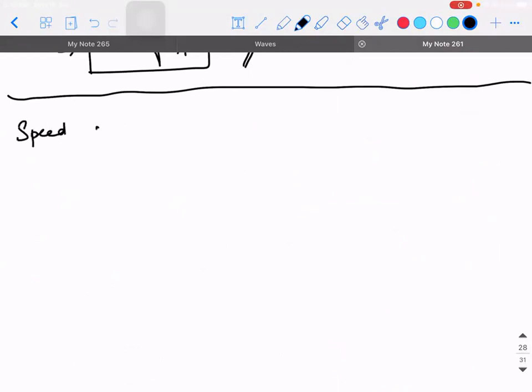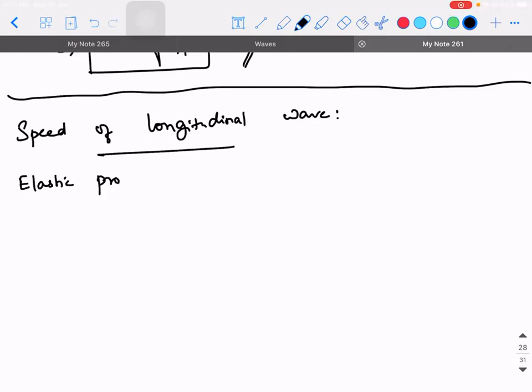Next one is speed of longitudinal wave. Okay. So again, what will be the elastic property? We'll do one thing.